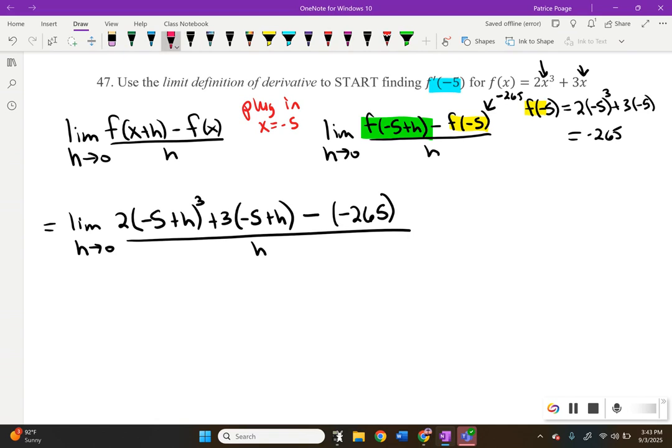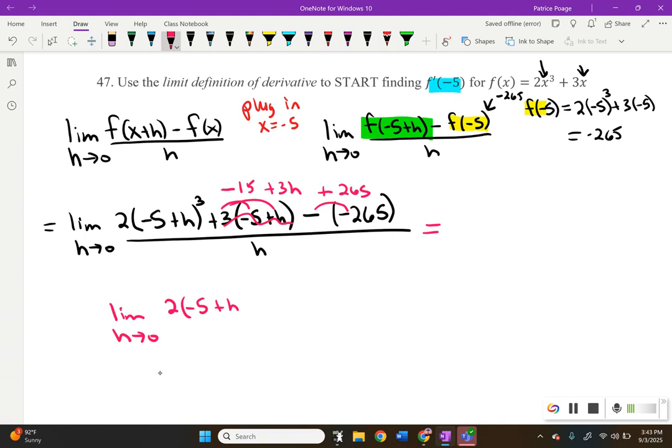Now I can distribute this right here, and that would become minus 15 plus 3h. So I'm not going to worry about that. And here a negative times a negative is plus 265. And so I have the limit as h goes to 0 of 2 times negative 5 plus h cubed.